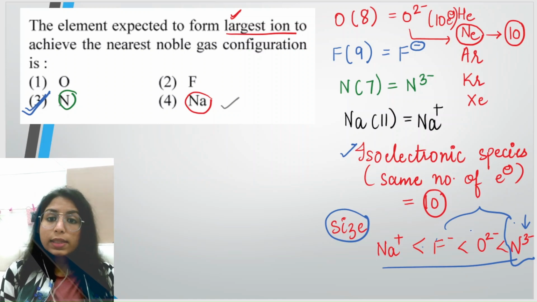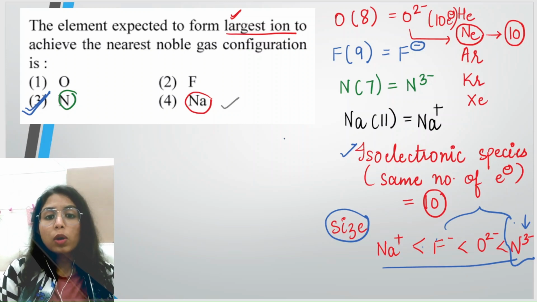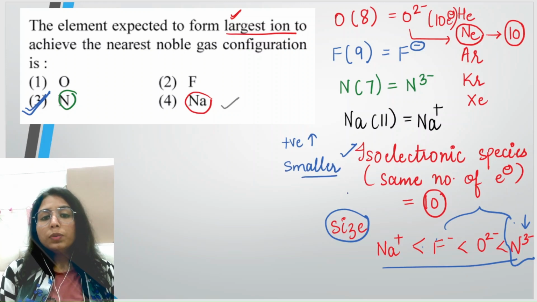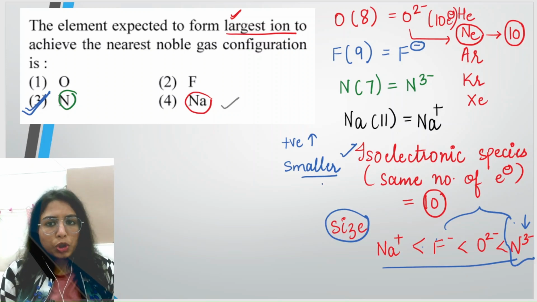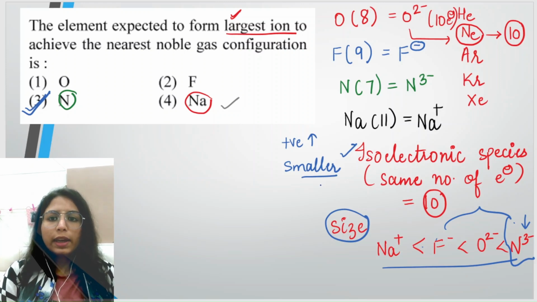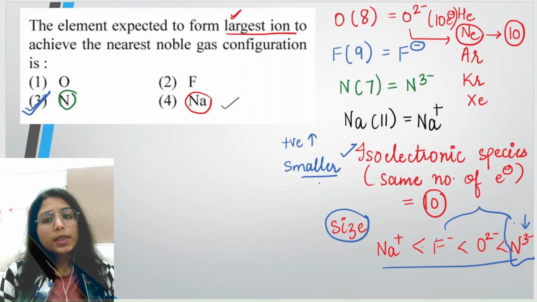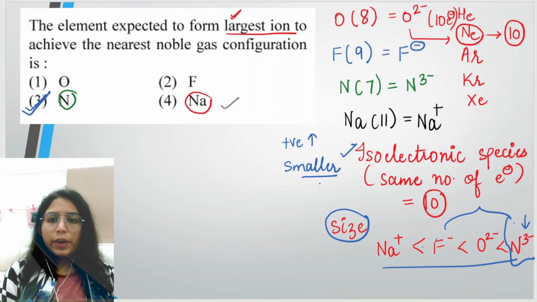Contrary to this, if the positive charge is greater, then the size is smaller. As the positive charge increases, the size of the element decreases. It is inversely proportional, because positive means electrons are lost, the effective nuclear charge is increasing, which results in a smaller size. So this was all about this question. I hope you understood the concept behind it.